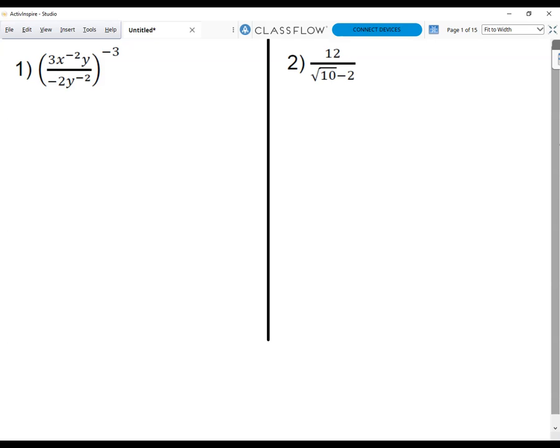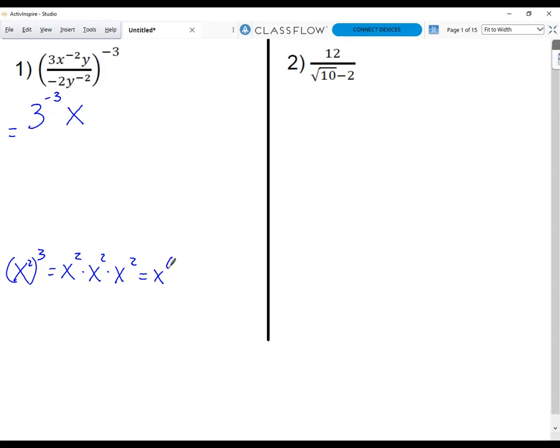So what this equals is going to be 3 raised to the negative third, x, and because you're raising a power to a power, remember, x squared raised to the third is the same thing as x squared times x squared times x squared, which is going to equal x to the sixth.